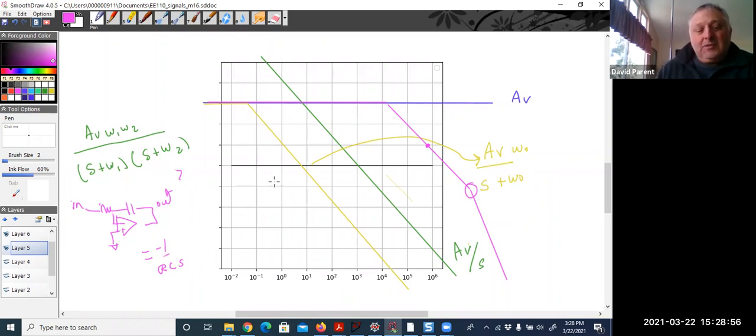I just have to make sure that I'm below whatever model that I've drawn. Okay. Then that's where it works. So if I happen to choose this minus 1 over RCS, right? It's going to stop working here, and it's going to stop working here.